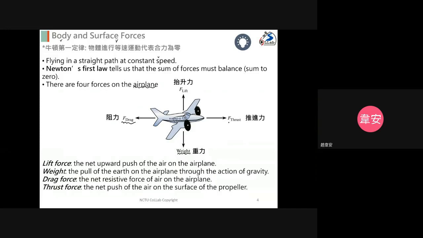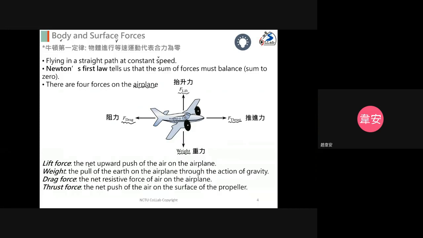Then we have a thrust force to push the airplane forward, and we have some lifting force. So in total we have four forces for the airplane.